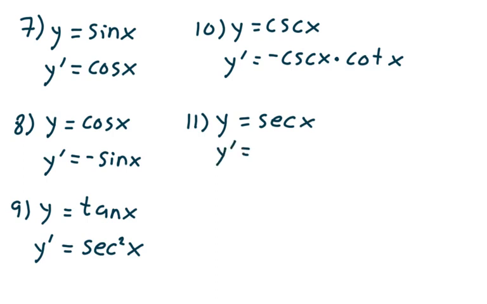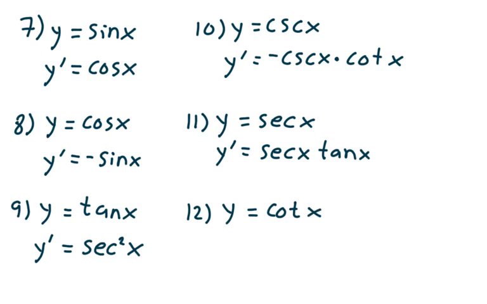Y prime is secant x tangent x. Okay. And then finally, number 12, if y equals cotangent x, y prime is negative cosecant squared x.